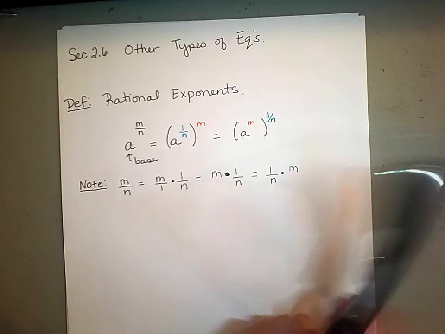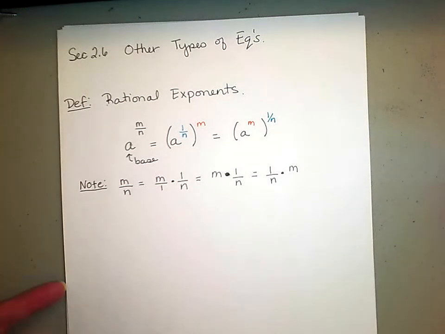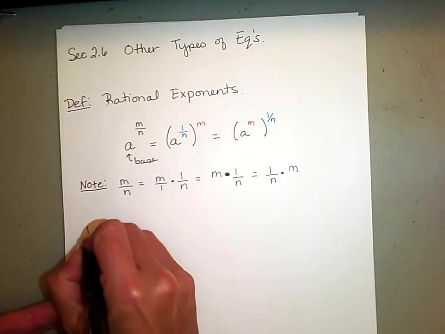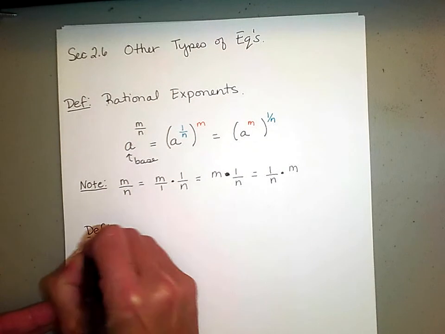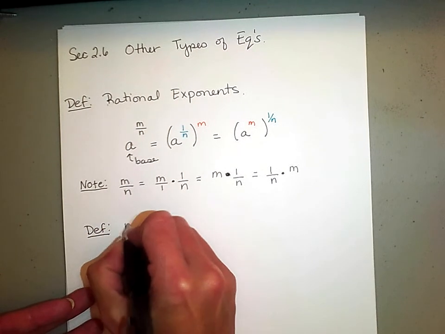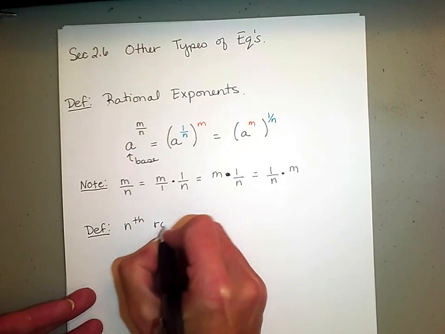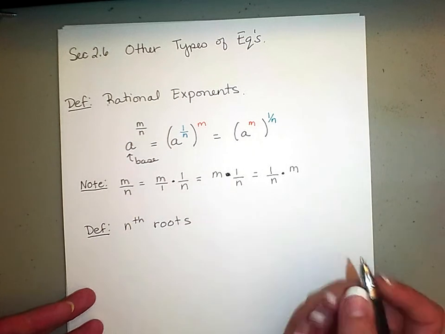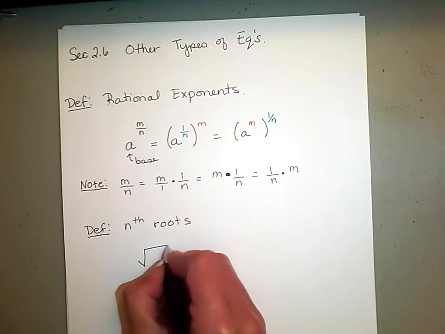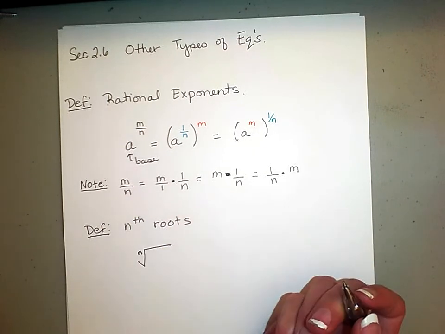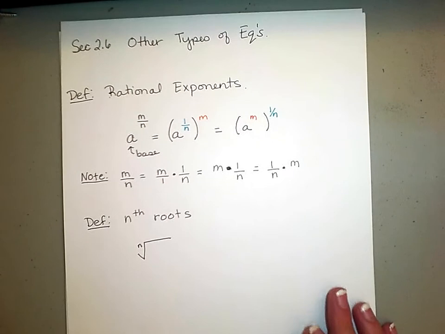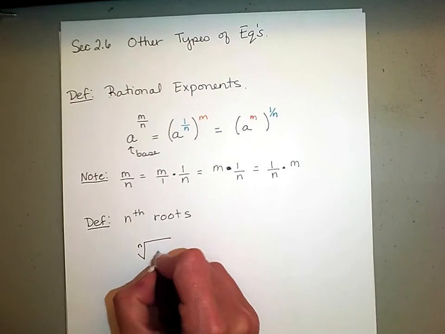Something we should also probably remember is about nth roots. So if we are taking whatever root, say n, so if n is 3, we'd be taking the cube root.